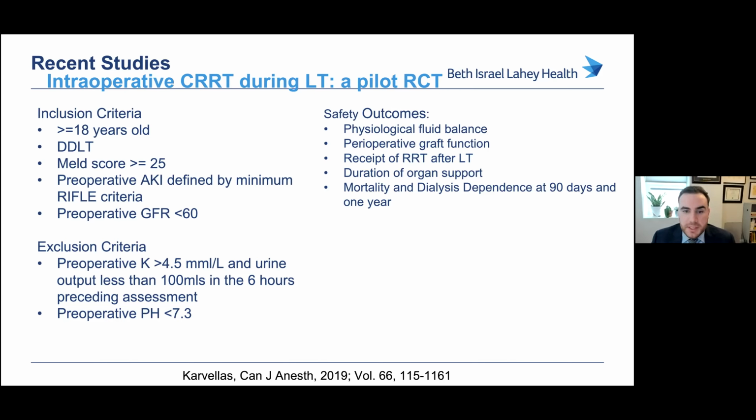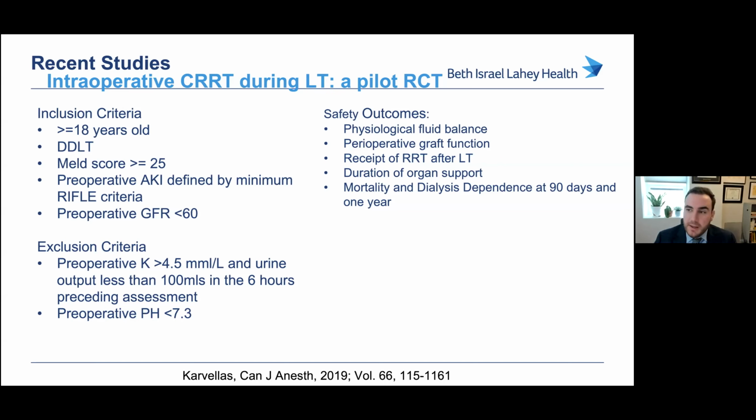Very interestingly, the exclusion criteria excluded people with preoperative potassium levels higher than 4.5 and urine outputs less than 100 milliliters in 6 hours. They were going to randomize people to either intraoperative CRRT or conventional therapy in patients that had high MELD scores.